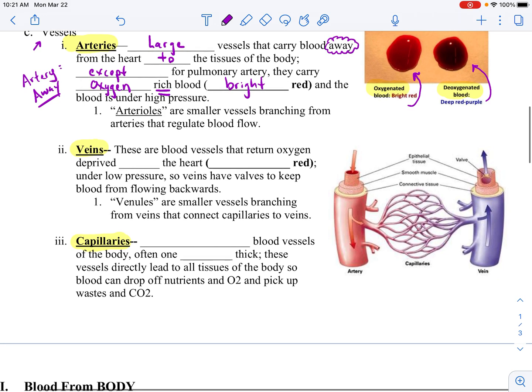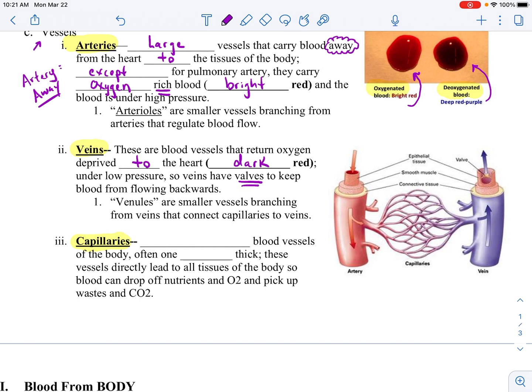Veins, on the other hand, are blood vessels that return oxygen-deprived blood to the heart. The blood is dark red in color, as mentioned before, and it is typically under low pressure. And because the blood is not moving very fast, it's under low pressure, it has valves.